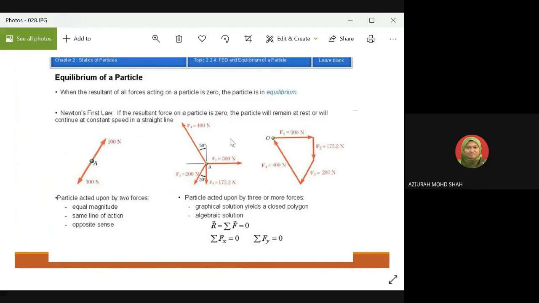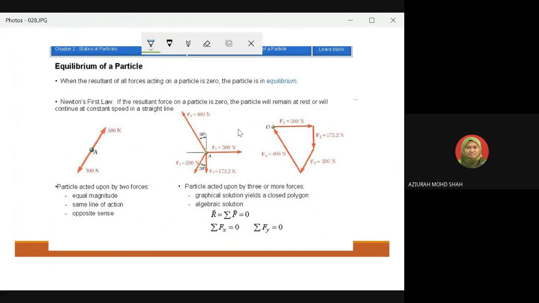So apa perbezaan dia dengan sebelum-sebelum ni? Before this, you have to determine the resultant force. The resultant force has magnitude. Like for example, macam tadi kita bagi 500 Newton, 300 Newton. We know that is non-equilibrium because we have the magnitude of resultant.